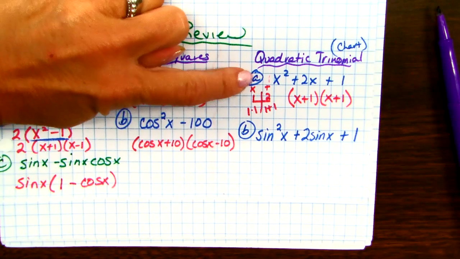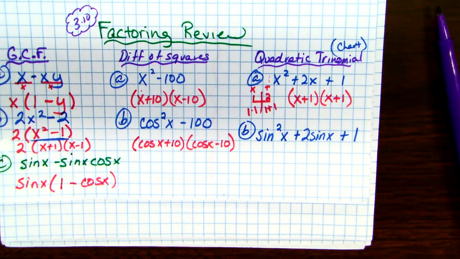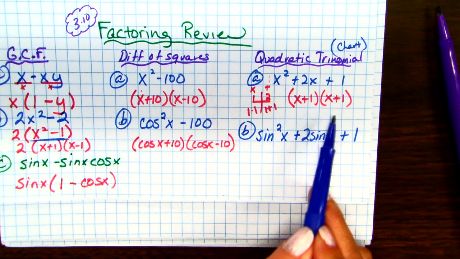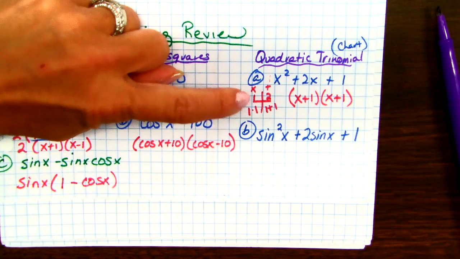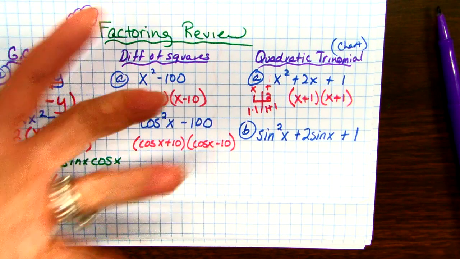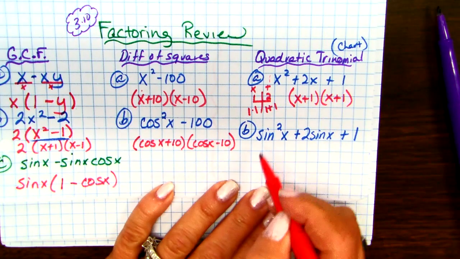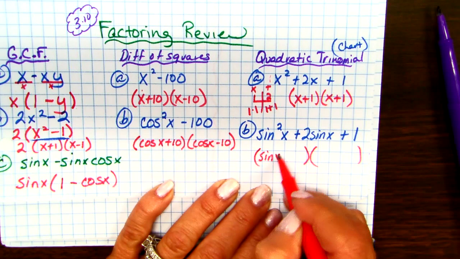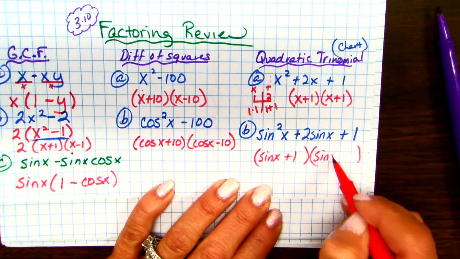Then it would have looked like this example. And then in your final answer, throw sine back in front of the letters x. Because our final answer is going to be this exact thing. It's just going to be sine x plus 1, sine x plus 1. You would make your chart and find your numbers, which are the same numbers. It's the same problem, really. And then you would have sine x plus 1 twice.